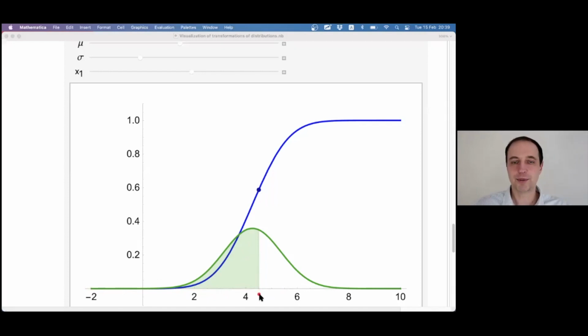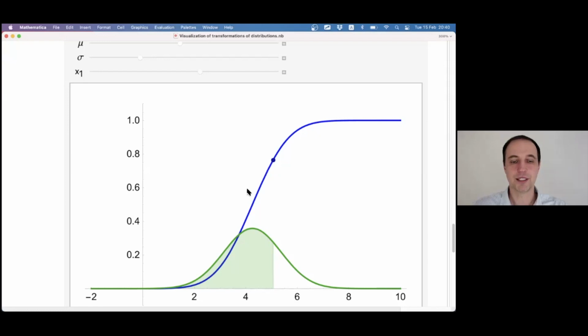Or to elaborate on this a little bit more, let's think about changing the cutoff. I'm calling this cutoff x1. I can change that. So if we move x1 by a little bit, then the CDF also goes up here, right?